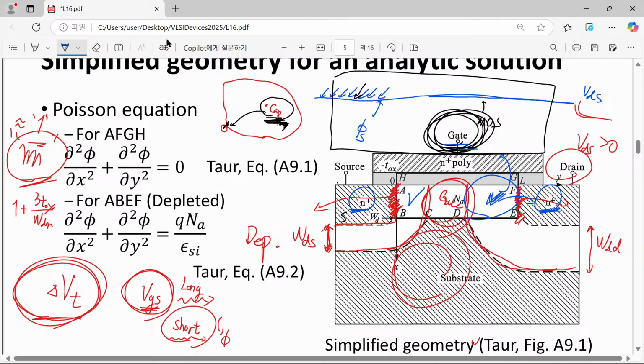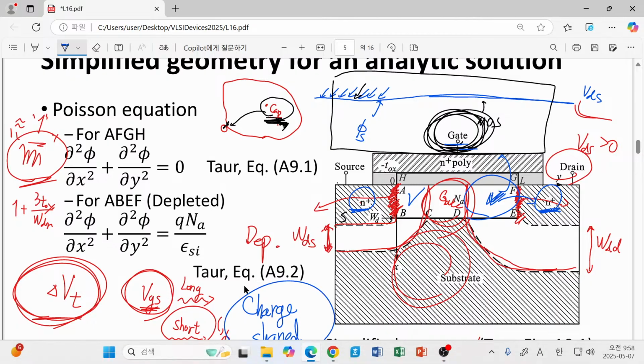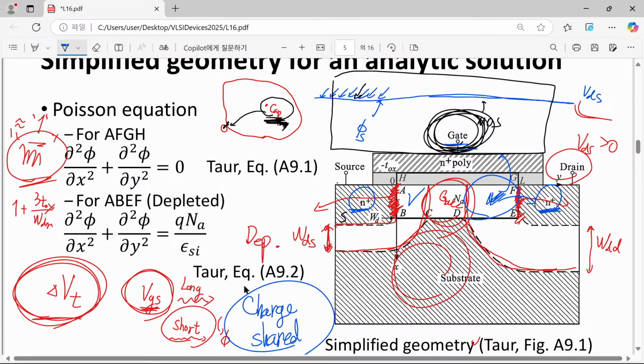That's the reason why we call this part charge shared. The charge in this part is shared by gate and source, and shared by gate and drain.